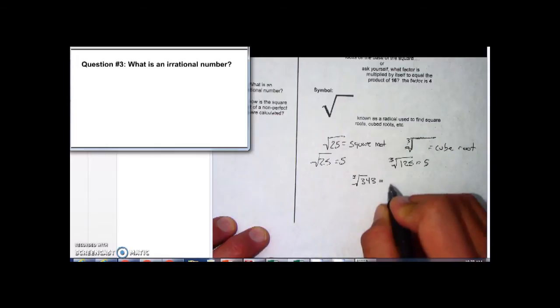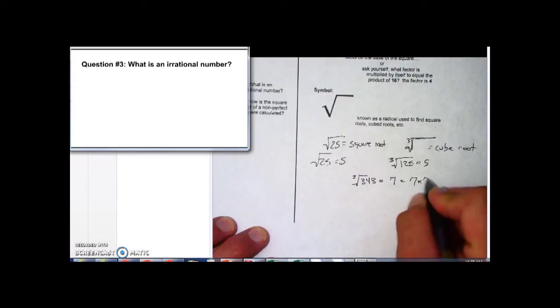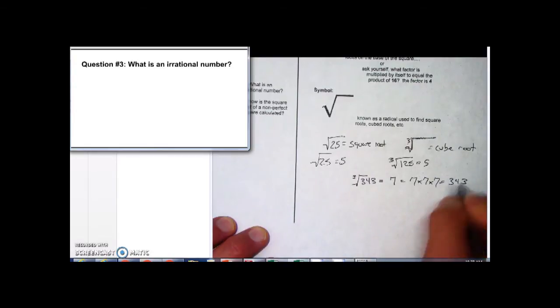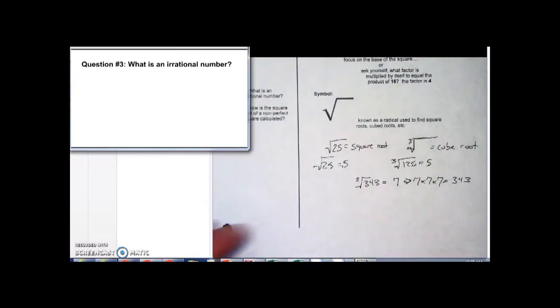So the cube root of 343 is equal to 7, because 7 times 7 times 7 equals 343. So that's just an example of how you use a different power.